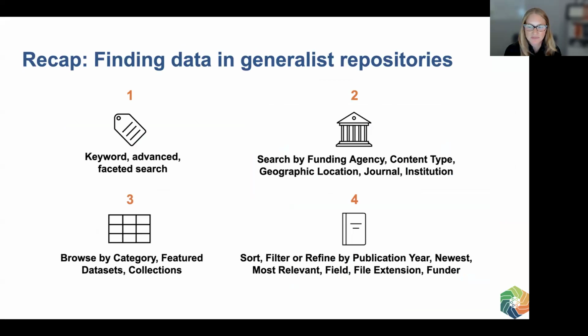So using advanced search functionality, searching by some of the key terms identified in your search strategy, whether that's funding agency, content type, institution, geographic location, using featured collections or data sets, and using any kind of sorting or filtering to really narrow in and hone in on the data that you are looking for or helping to facilitate discovery for.